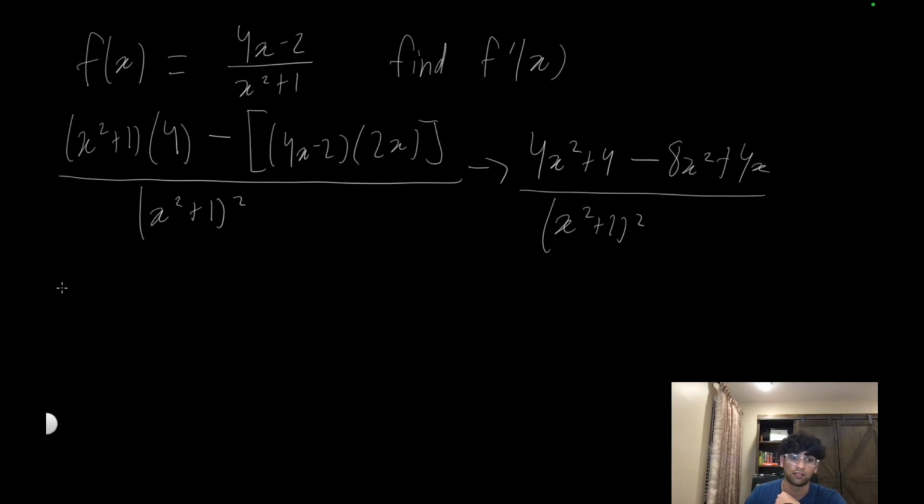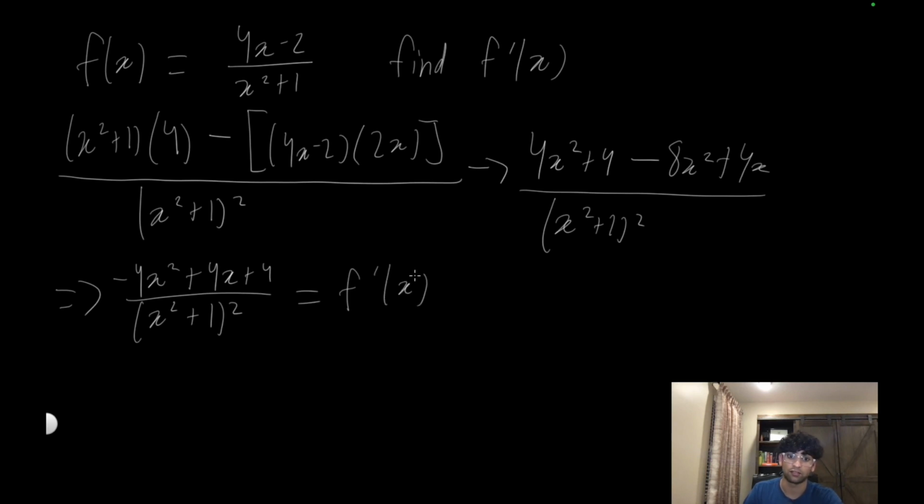Terms actually don't cancel out here. We can just combine like terms. We get negative 4x squared plus 4x plus 4 over x squared plus 1 quantity squared. You could factor this if you want, but I'm not going to do that. This is equal to f prime of x, and that's our final answer.